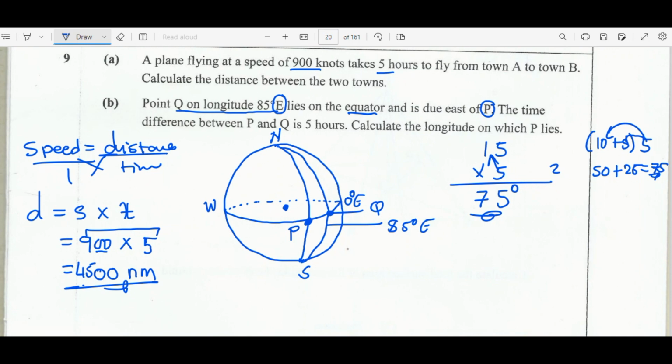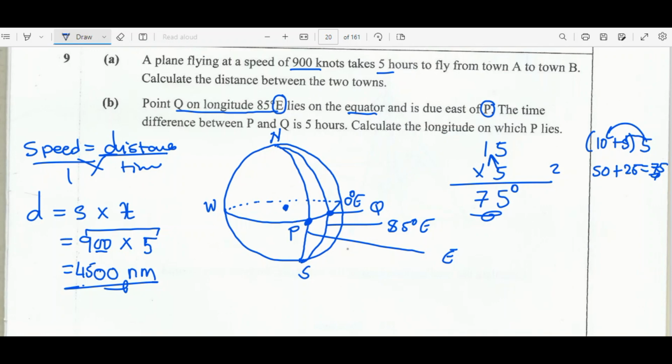Now, if you look at this point, P must be located on the east part. So how do you deal whenever you have two positions on the same side? What are you supposed to do? You subtract. There was a number they subtracted from 85 to give us 75.